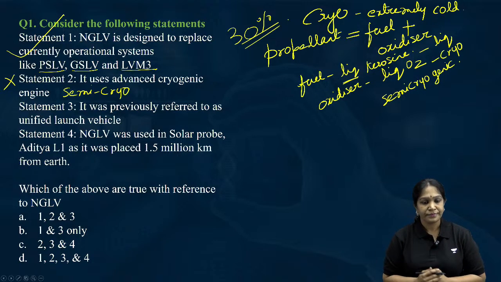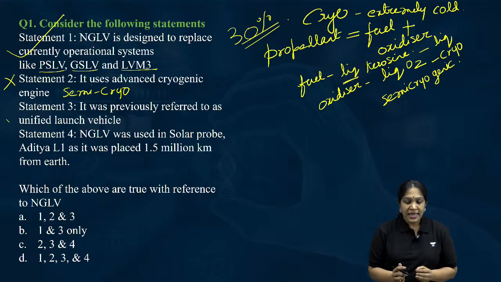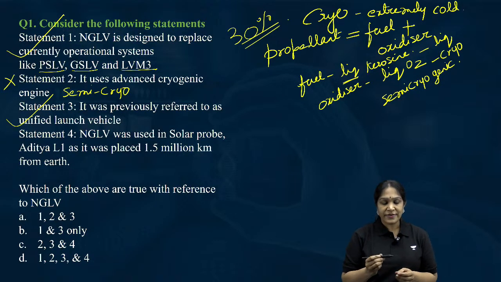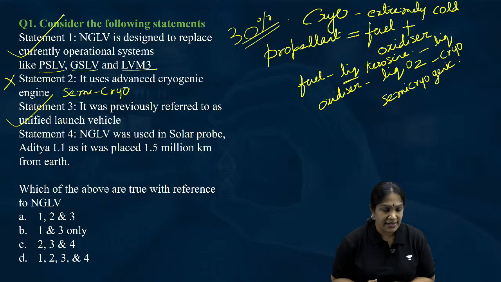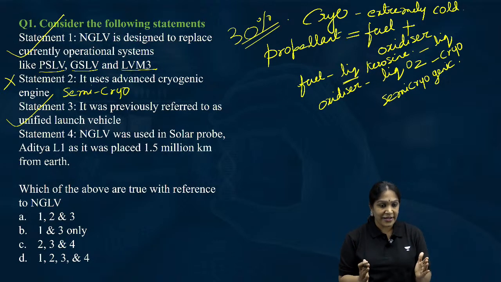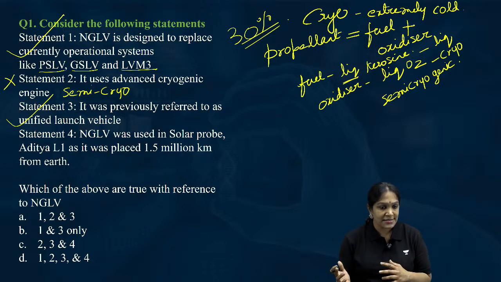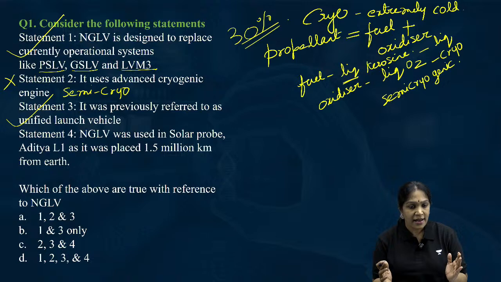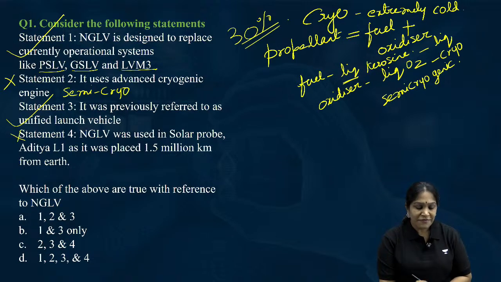Yes, correct. Fourth statement. NGLV was used in the solar probe Aditya L1. In the last classes, we discussed Aditya L1, which studied the solar wind, solar flares, coronal mass ejection, etc. Was NGLV used in the Aditya L1 launch? No, we still do not have NGLV.